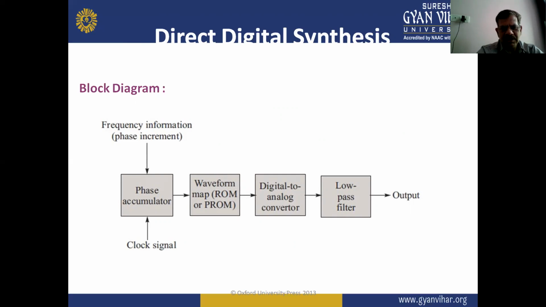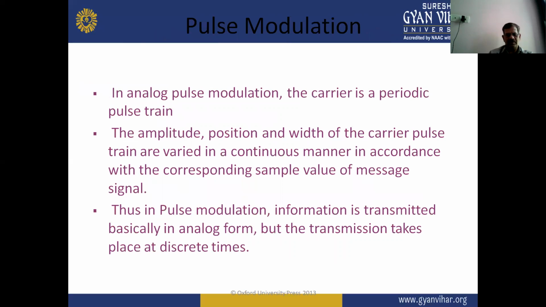Here the digital signal is converted into an analog signal, and this analog signal feeds the low pass filter, which allows the low frequency signal. The output of this low pass filter is the direct digital synthesis output. So this is the block diagram of direct digital synthesis.